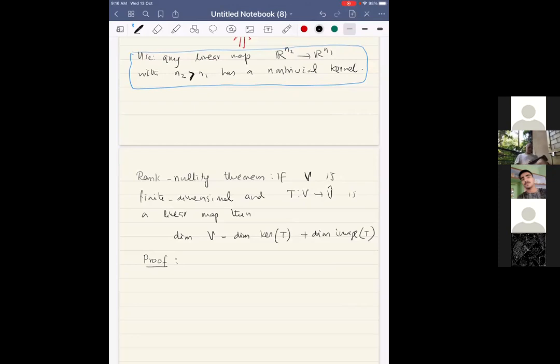First of all, first point: the image of T, which is a subspace of V hat, is finitely generated.